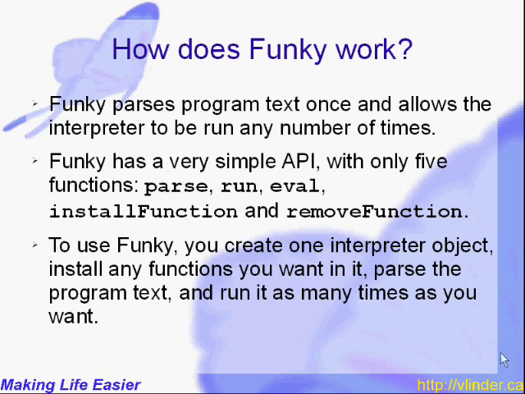As a read-only operation, you can do that from different threads. You can do it concurrently from different threads, and it won't cause any problems. So to use Funky, you only create one interpreter object, you install any functions you want in it, parse the program text, and you can run it as many times as you want.